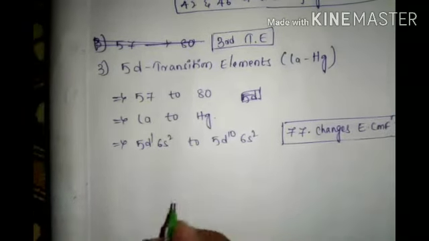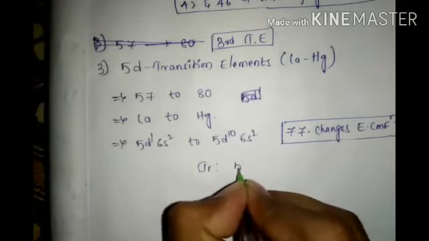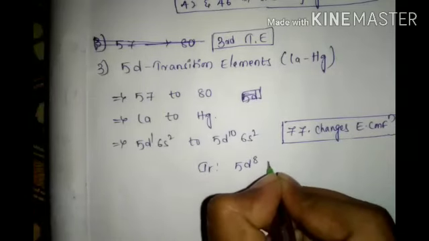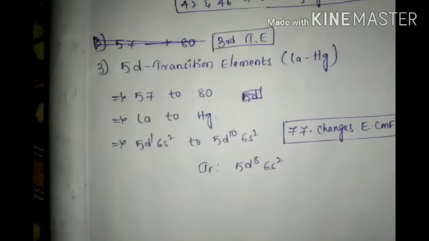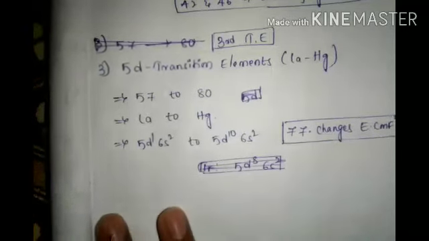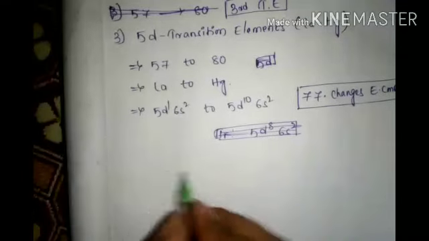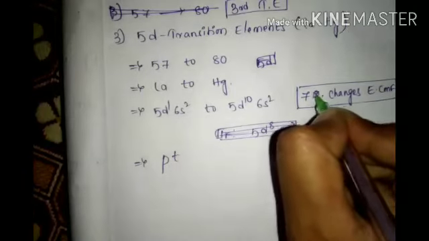What is it? Ir, iridium. It should come 5d8 6s2. One minute, sorry, not iridium, it is platinum, Pt, platinum, 78.